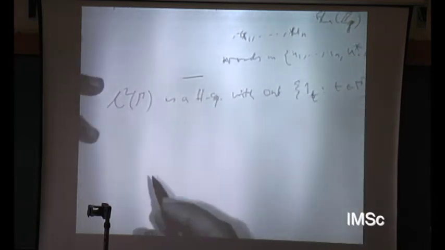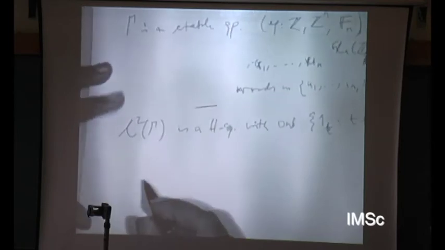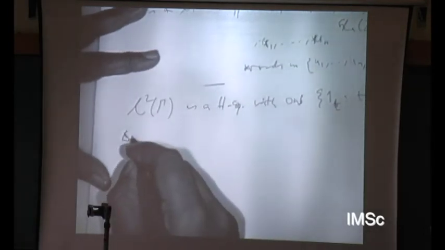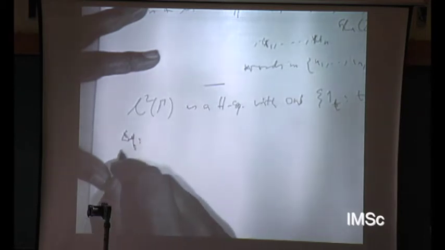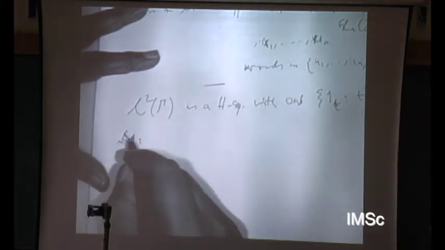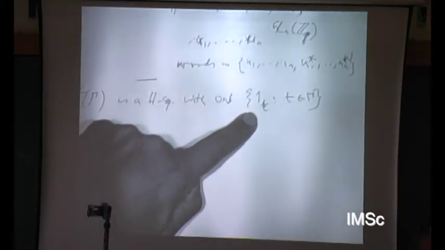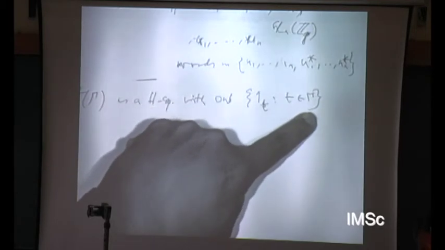Okay, there are different ways of doing it. So the simplest way is the following. The set of all 1t as t varies over gamma is an orthonormal basis.